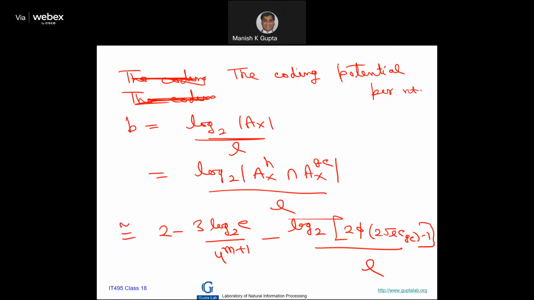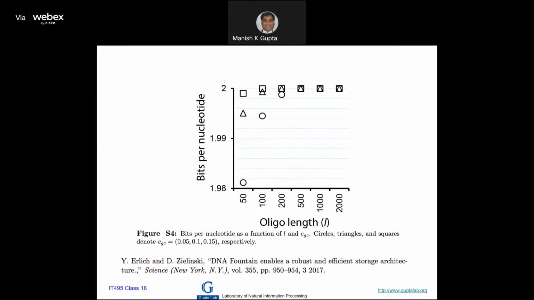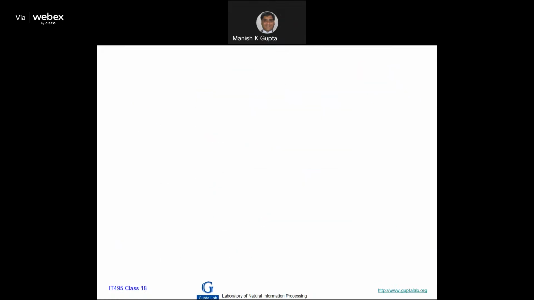For example, if I choose CGC is equal to 0.05, M is equal to 3. As I know, M is 3 is the best thing, right? And L is equal to 150. Normally, 150 nucleotides are what machines are producing in a reasonably good shape.